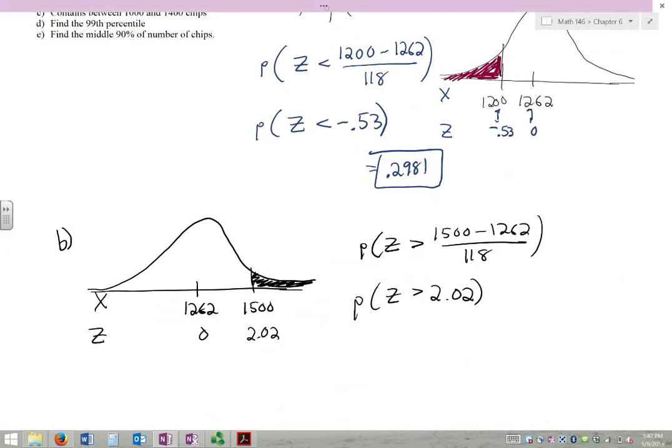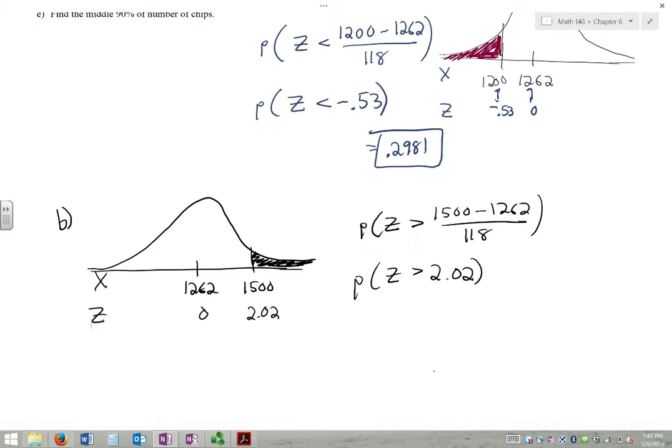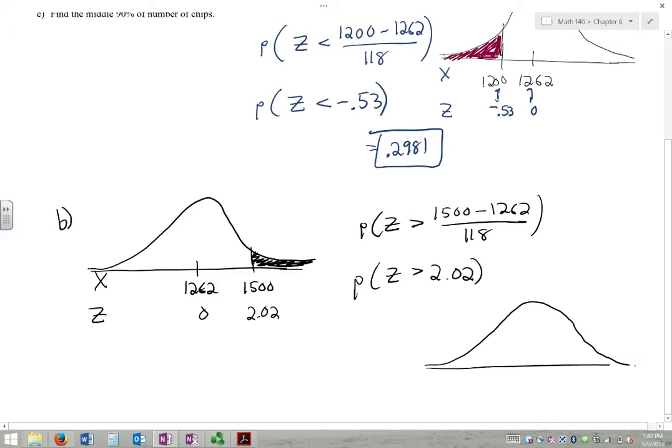If we recall, the standard normal distribution is symmetric over 0. So let's kind of draw this out here. This area is what we're trying to find.